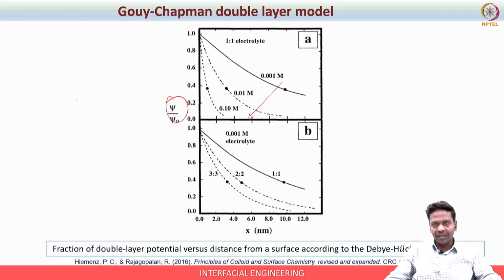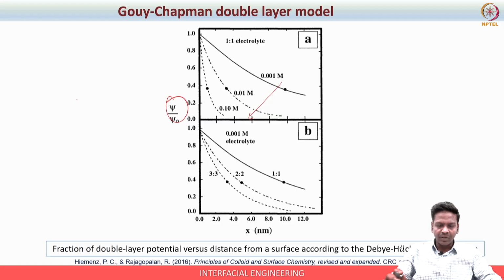That is exactly what is shown in figure A. You can see that as the concentration of salt goes up, the variation of psi by psi naught as a function of distance is also changing.